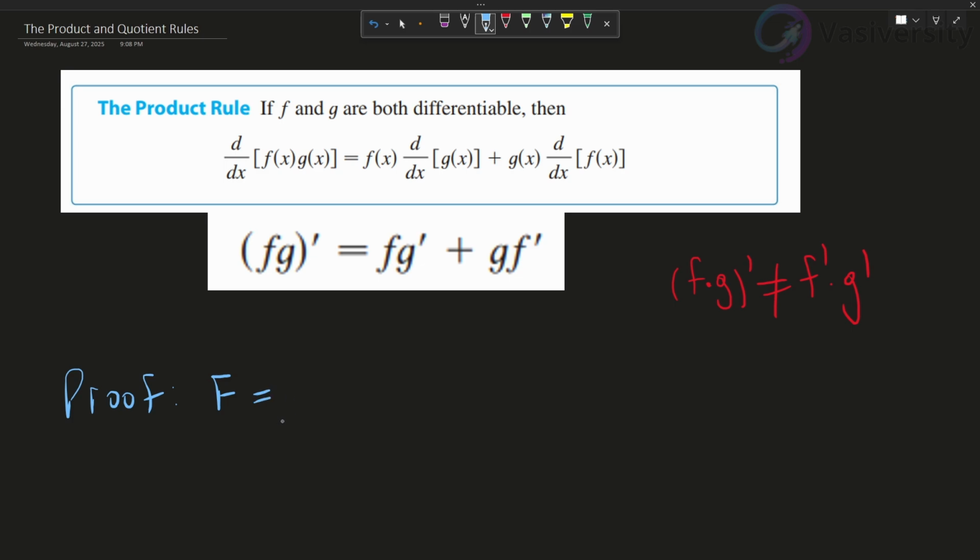When we want to do f of x plus delta x, it's going to be essentially the same thing as u plus delta u times v plus delta v. All right.